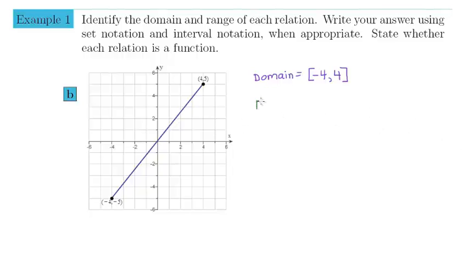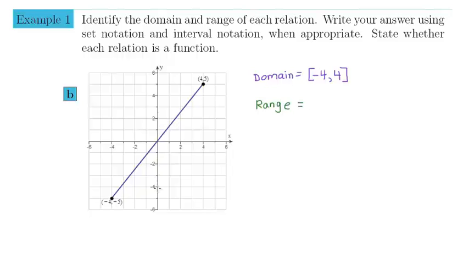Let's now consider the range. The range, recall, is your set of y values, your outputs. When we look at the range pertaining to a relation as a graph, then we will look along the y-axis and say what's the smallest y value and largest y value that pertains to this relation.